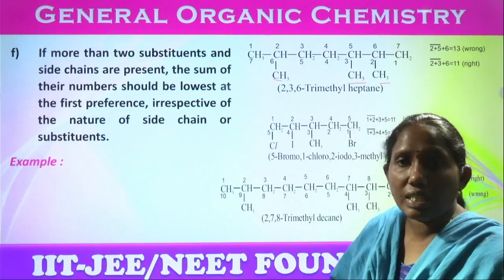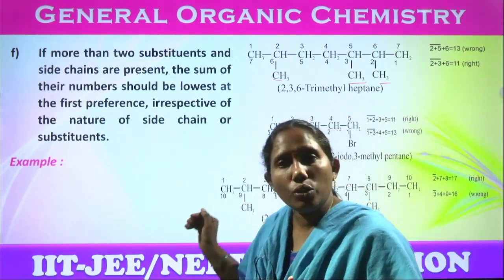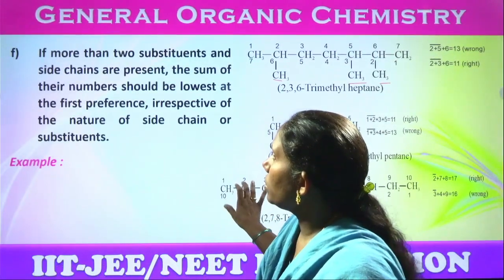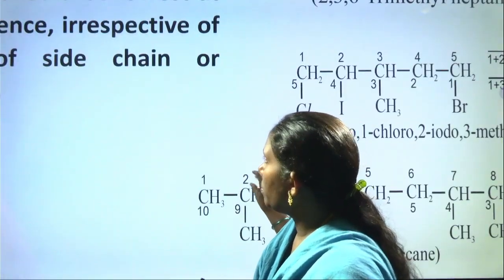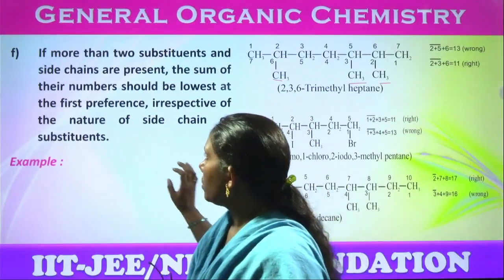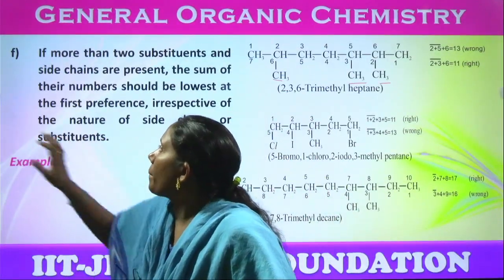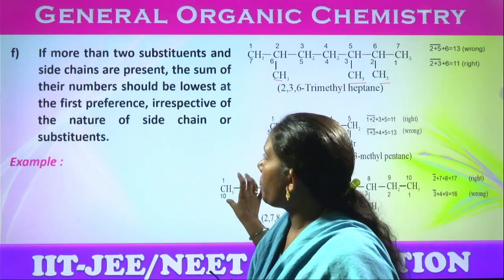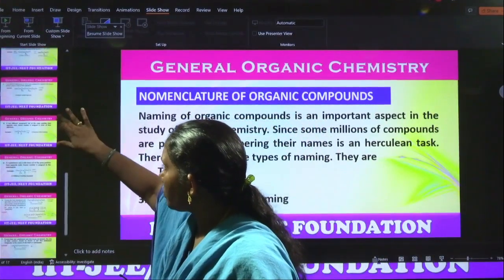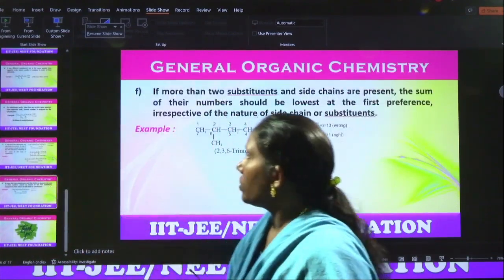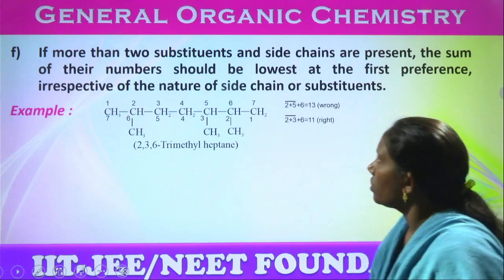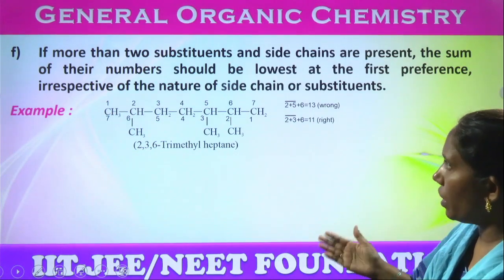So these are the namings while using the lowest sum rule, right? Yes, so this one also we have already seen.